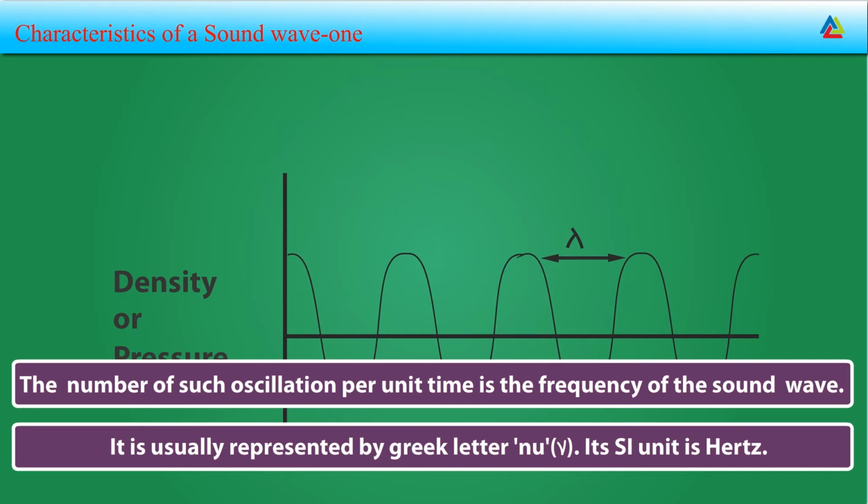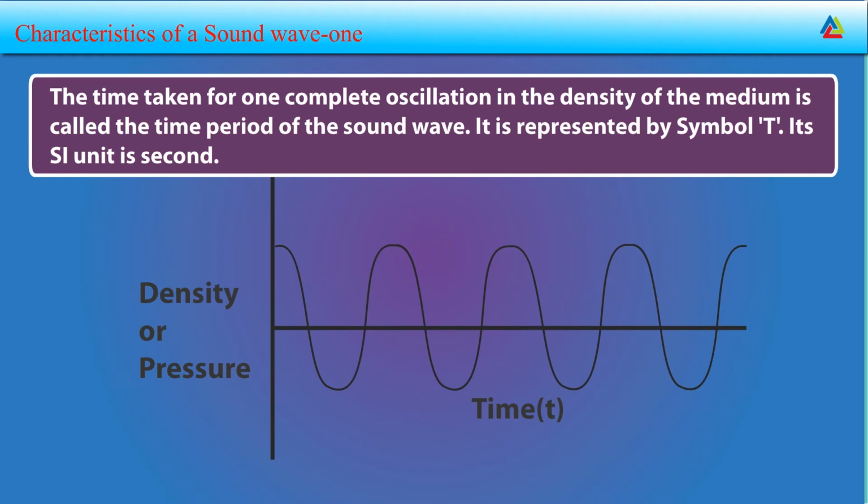The time taken for one complete oscillation in the density of the medium is called the time period of the sound wave. It is represented by the symbol T. Its SI unit is second. There exists a relation between frequency and time period. Frequency is equal to 1 upon time period.